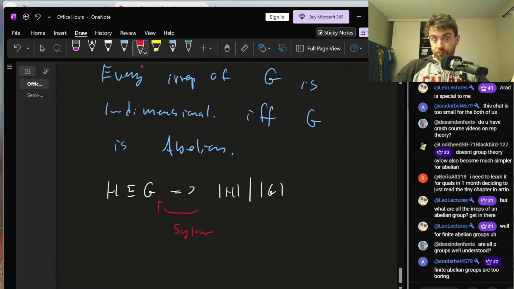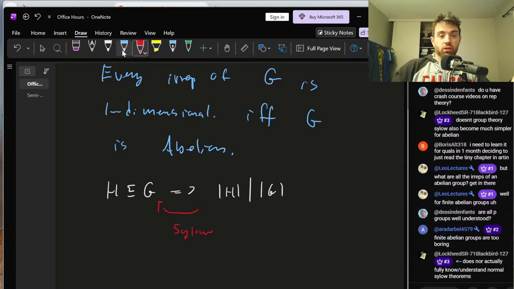However, for abelian groups, it is an if and only if, right? For every single divisor of the order of your abelian group, you can come up with a subgroup of that order. Is that true? Am I lying? No, I'm confident that's true. Yeah.